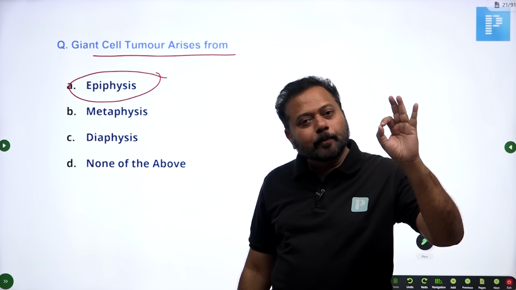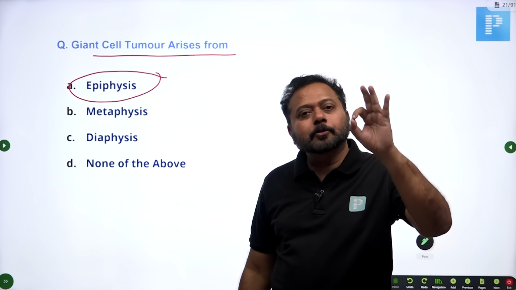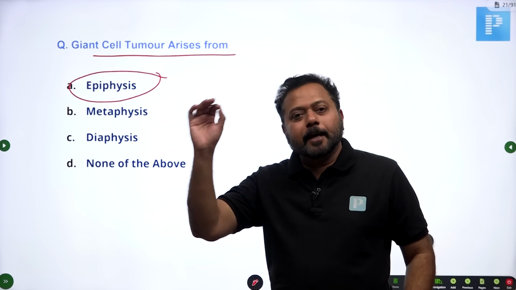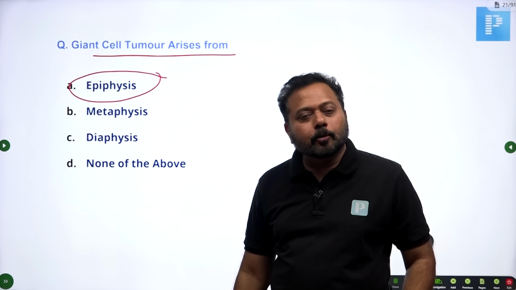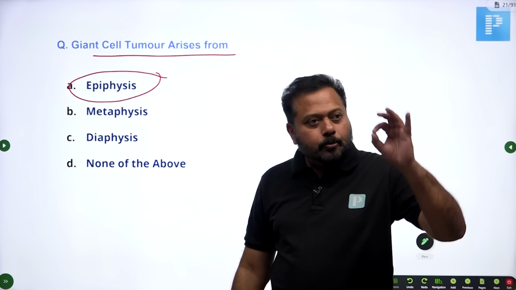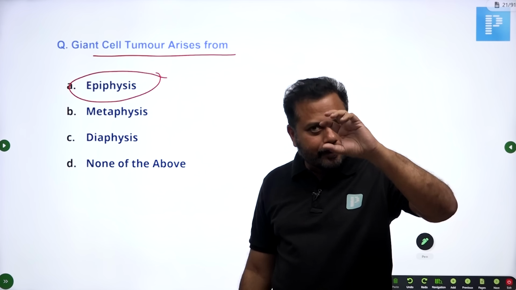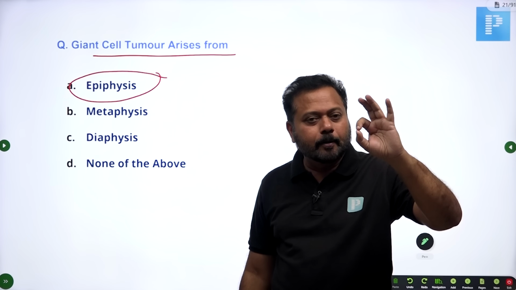The benign tumor is chondroblastoma. The malignant tumor is giant cell tumor, otherwise called osteoclastoma. How to differentiate? Very simple.